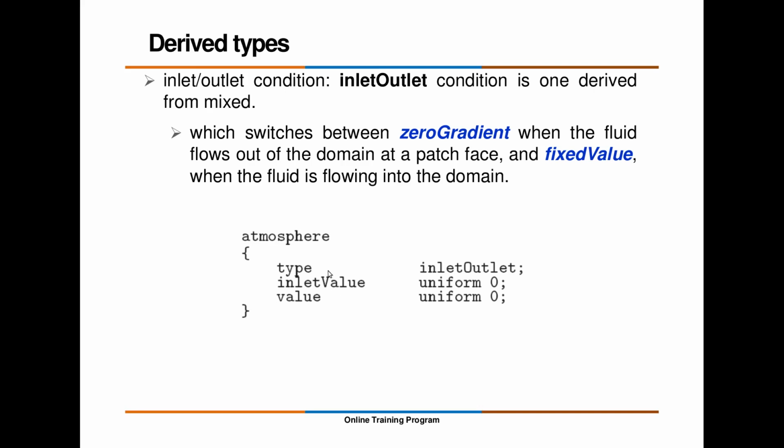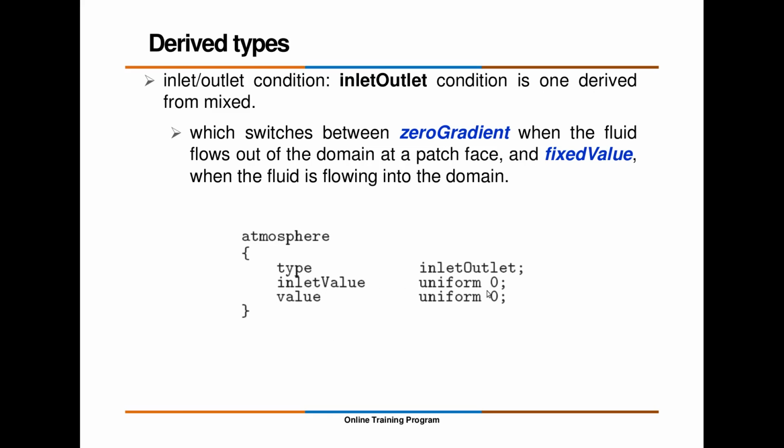Now let's look at certain derived types of conditions. The derived class of conditions that we normally encounter is the inlet-outlet condition, which switches between zero gradient when the fluid flows out of the domain, and fixed value when the fluid flows into the domain. Normally we specify this at the outlet. If the fluid is flowing out of the domain, we consider it a zero gradient. When fluid starts entering the domain, we say fixed value, and that fixed value goes with the inlet value.